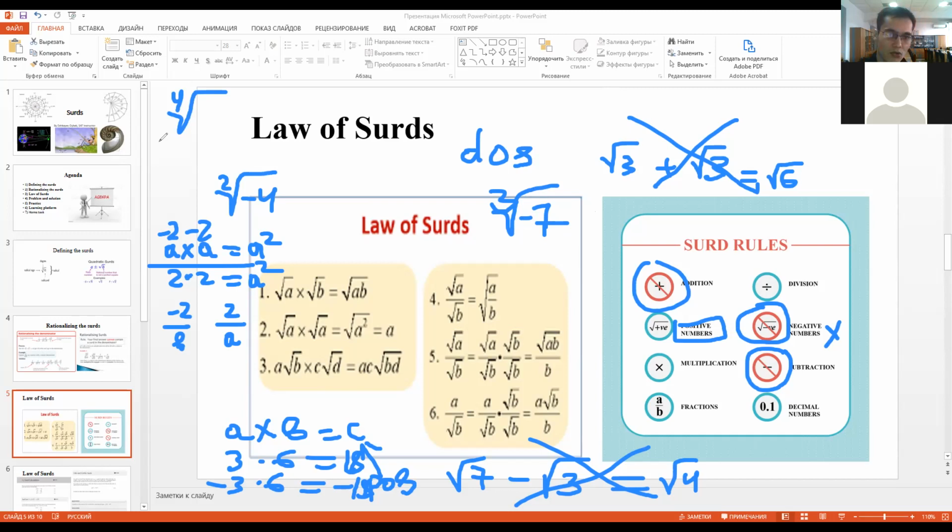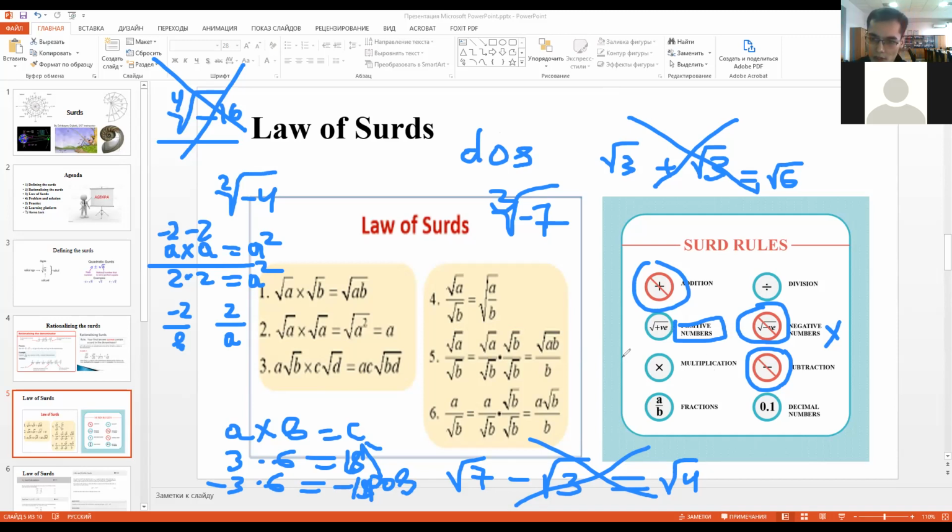But when it comes to the even degrees, you shouldn't have negative numbers under the root, for example, this one. It's not right, okay? Keep this in your mind.